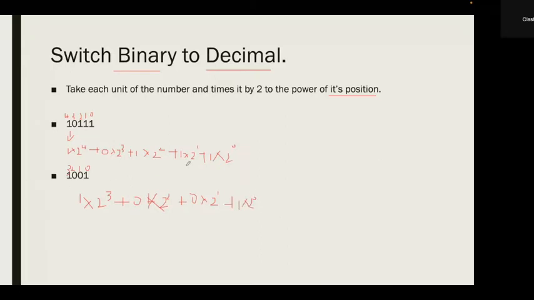If you add all of this together, which is 8 plus 0 plus 0 plus 1, then we know that this binary number is actually equal to 9. All right? So this is how you switch binary numbers to decimal numbers.